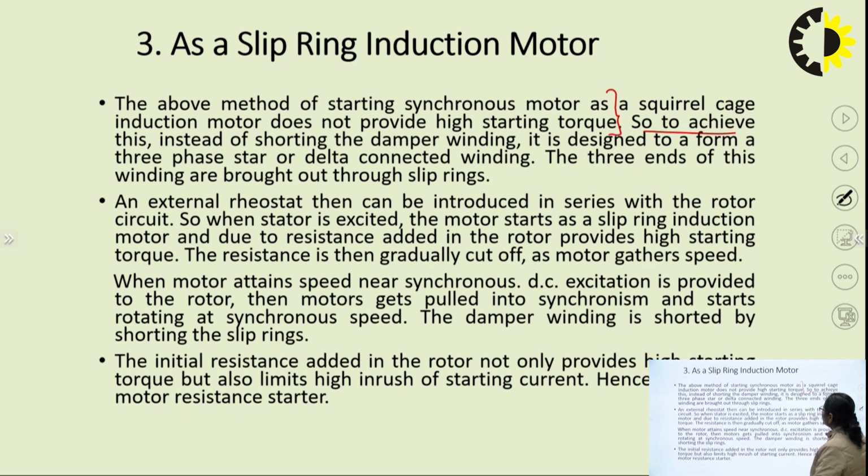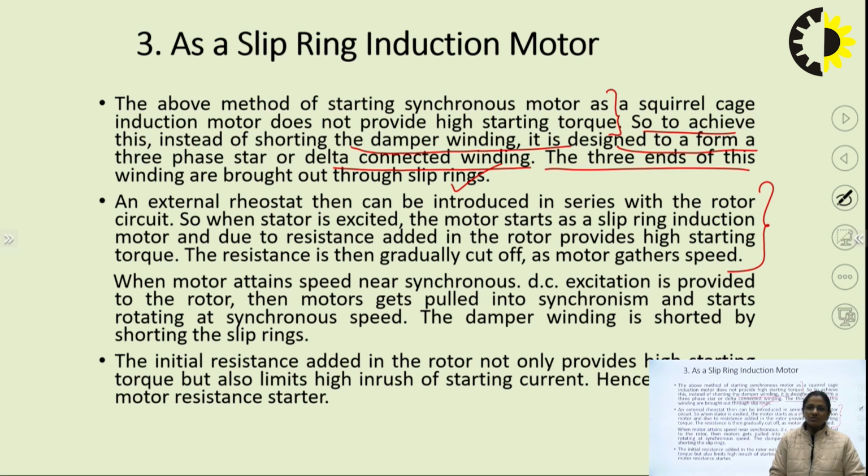So, to achieve this, instead of shorting the damper winding, it is designed to form a three-phase star or delta connected winding, and the three ends of this winding are brought out through the slip rings. An external rheostat can be introduced in series with the rotor circuit. So, which rotor circuit?